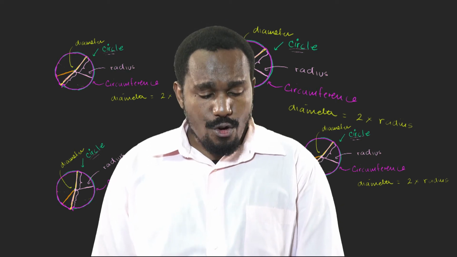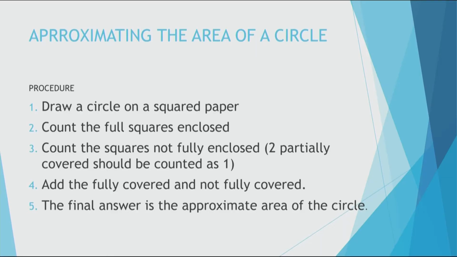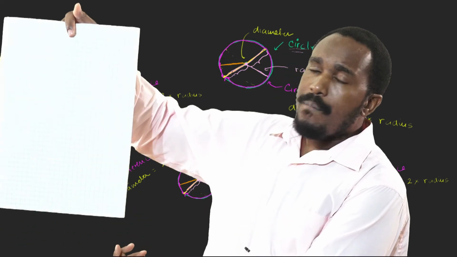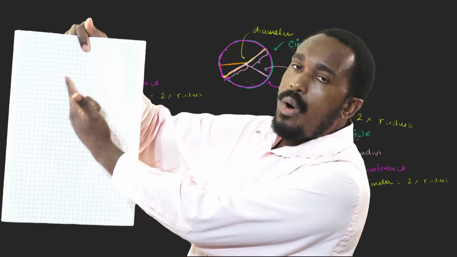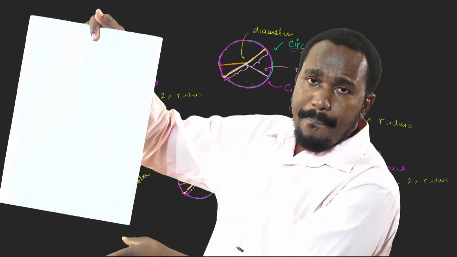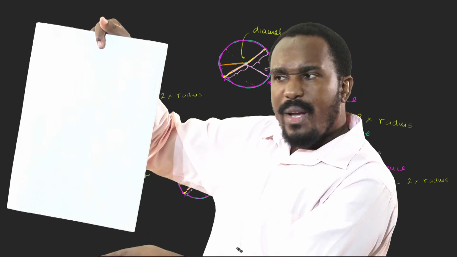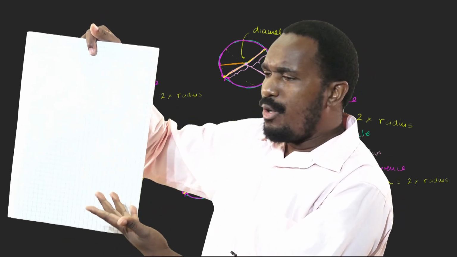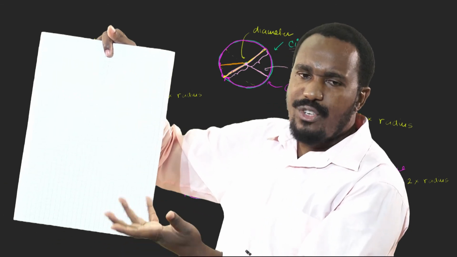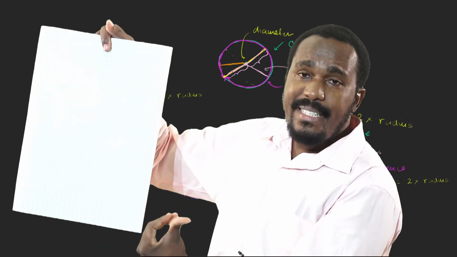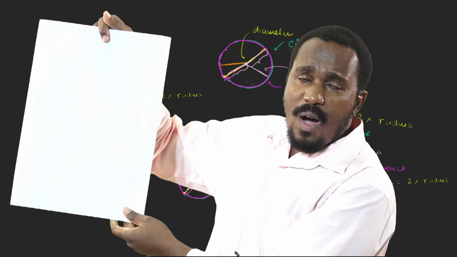First, you draw a circle on the squared paper, as I said, that you need to have the squared paper. So you draw a circle on the squared paper using your compass, of course. Or you can even use any object by tracing or any other method as learned in lesson 1.